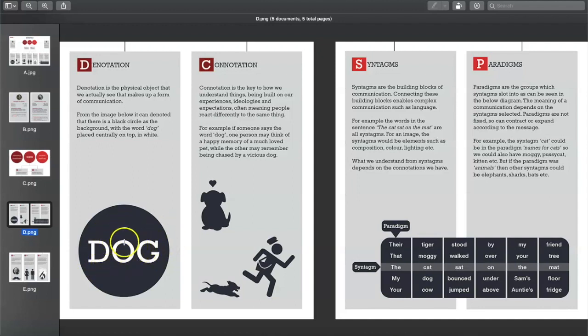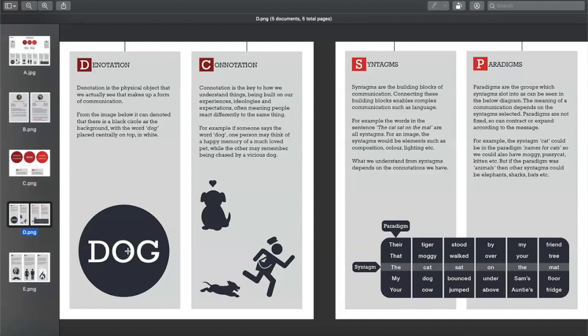Because we can read the word dog, that immediately pulls up all sorts of images in your head about what a dog is. Now, those images in your head are not necessarily good or bad. In fact, if anything, they're neutral until your personal experience colors them.